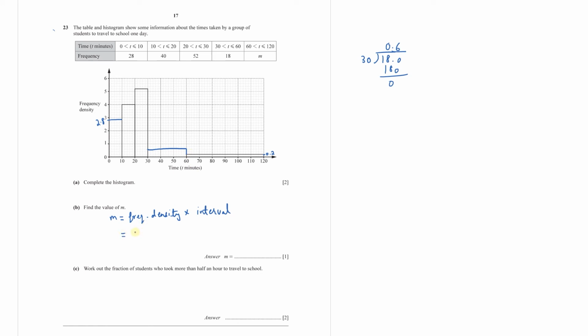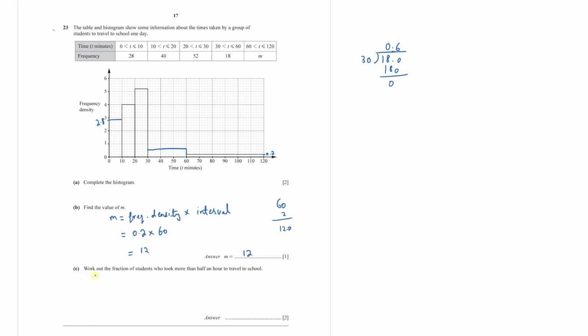The frequency density is 0.2, and the interval is from 60 to 120, which is 60. 60 multiplied by 0.2: let me quickly multiply here. You get 120, and then you place the decimal here, so it should be 12. The value of M is 12 here.